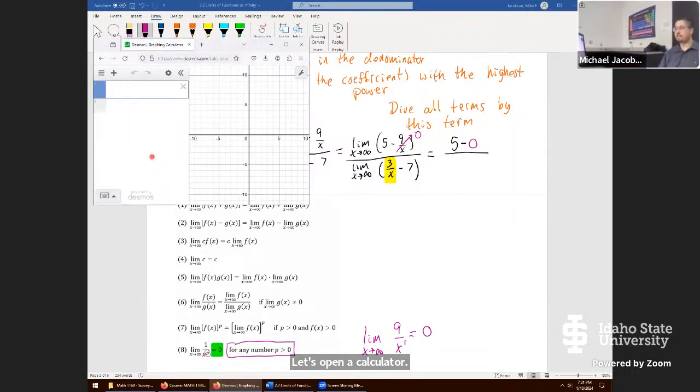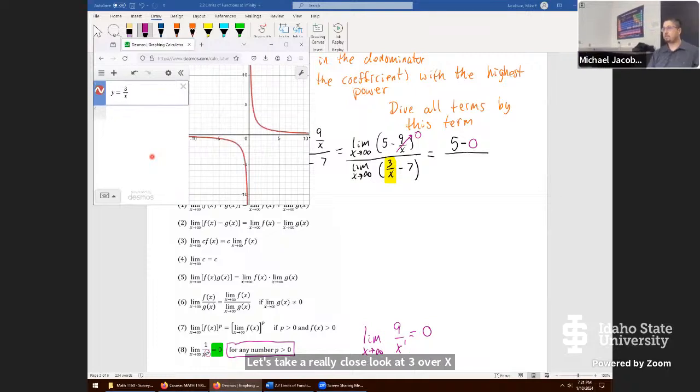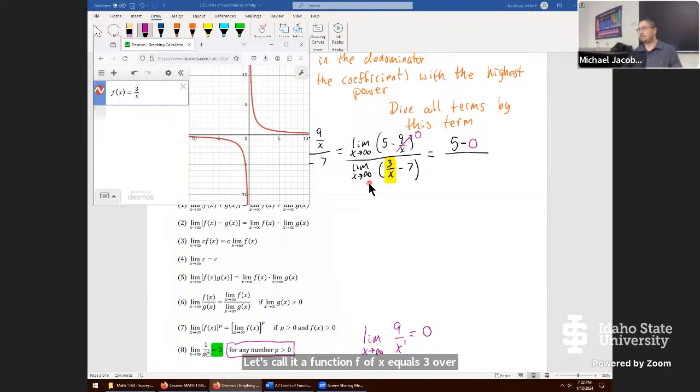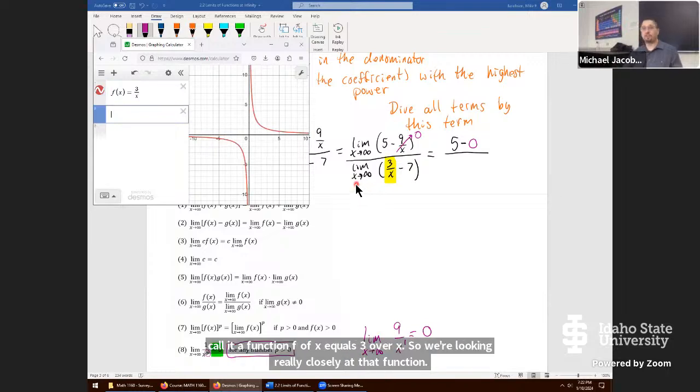Now let's take a really close look at 3 over x. Let's call it a function, f of x equals 3 over x. So we're looking really closely at that function. Now we want to know what happens if x gets really, really large.